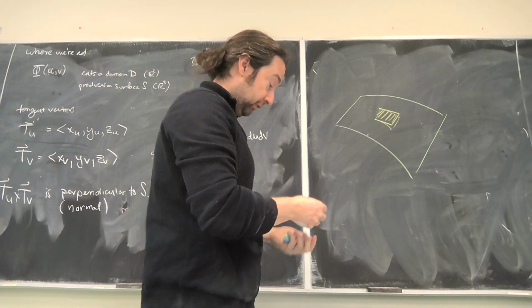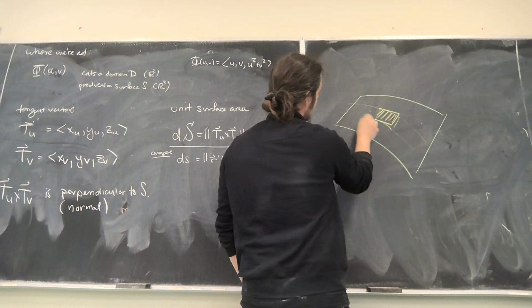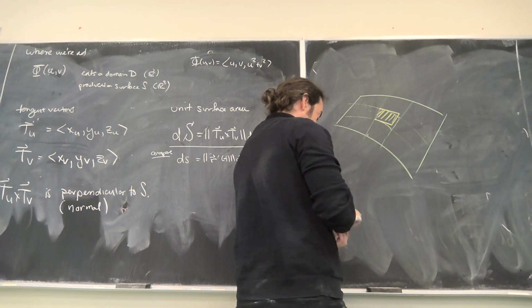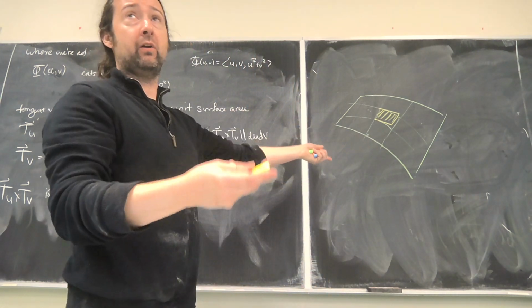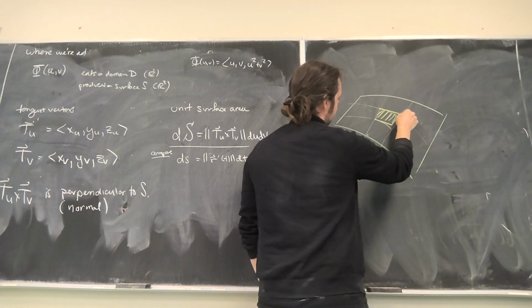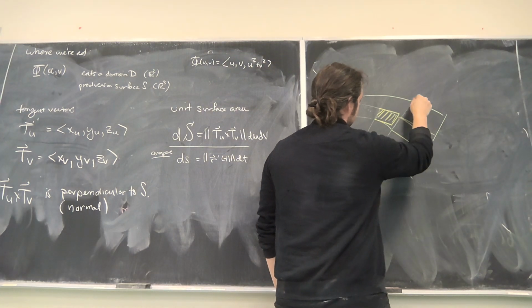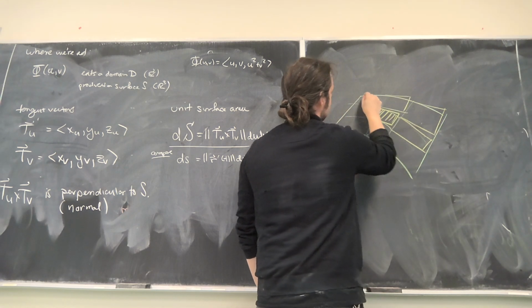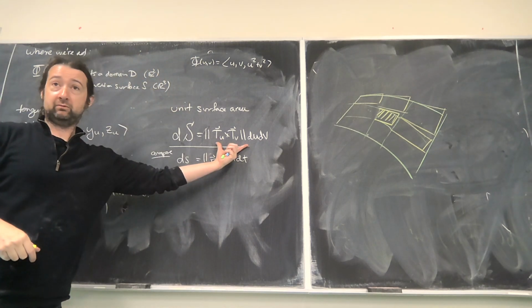So if I took a surface and broke it up into a bunch of these fish scales, is one way of thinking about it, and I want to know the area of everything, but it's curved and that's hard to do. So what I do instead is I approximate the surface with these fish scales. And parallelograms are pretty easy to calculate the area of because I can do it this way.